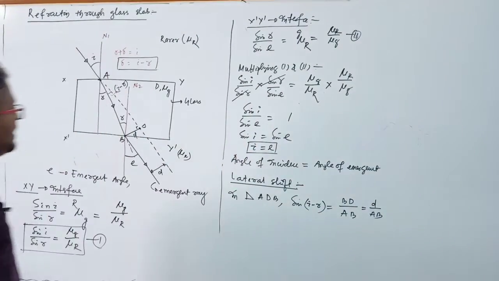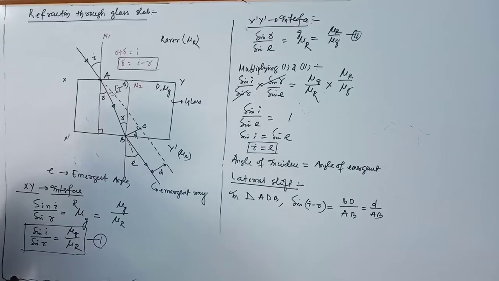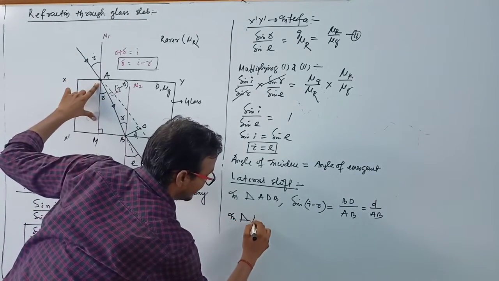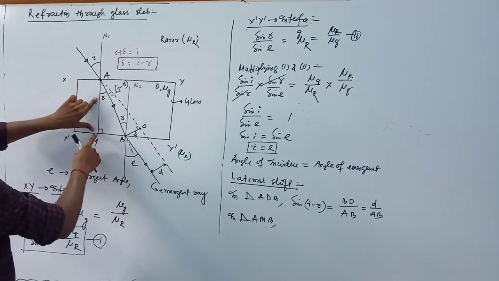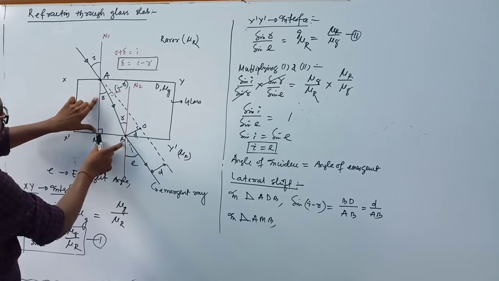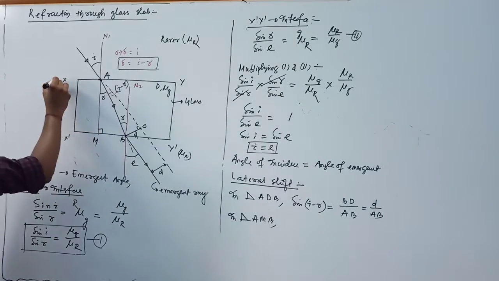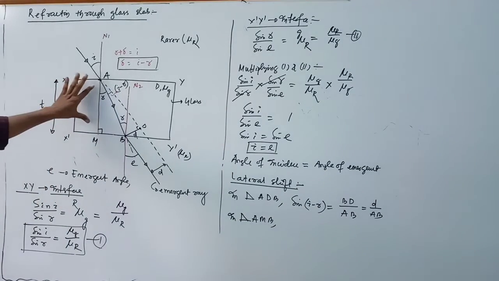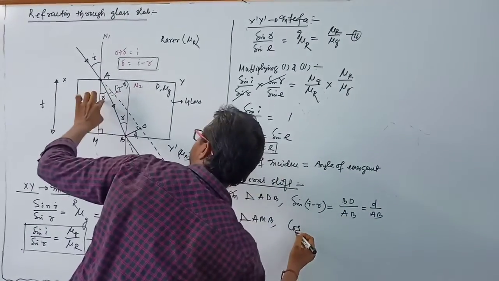Now we have to find the value of AB. And how can we find AB? Again there is another triangle and this angle is also 90 degrees. Suppose this point is M. So in this right angle triangle AMB, this is the base angle, this is base, this is perpendicular and this is hypotenuse, but we have to find the value of the hypotenuse. Suppose the total thickness of the glass slab is T, then this distance is T, and this is the base distance, so we use cos theta, where theta is r.